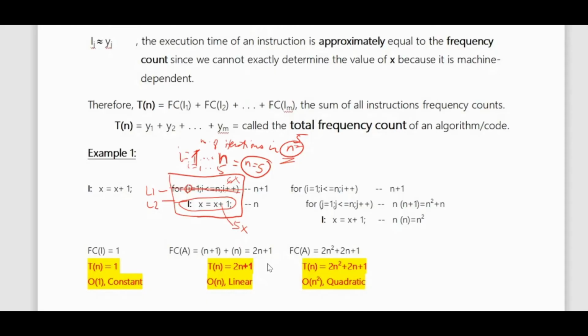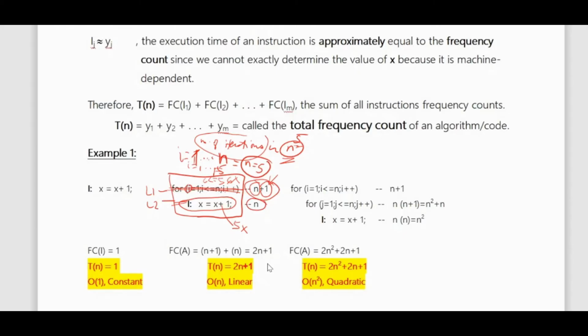So the for loop heading is executed number of iterations plus 1. n is the number of iterations, and then plus 1. The plus 1 there is when I becomes 6, and then the condition is now false because 6 less than or equal to 5 is now false. So this line here is executed n plus 1 times, and this line here is executed only n.